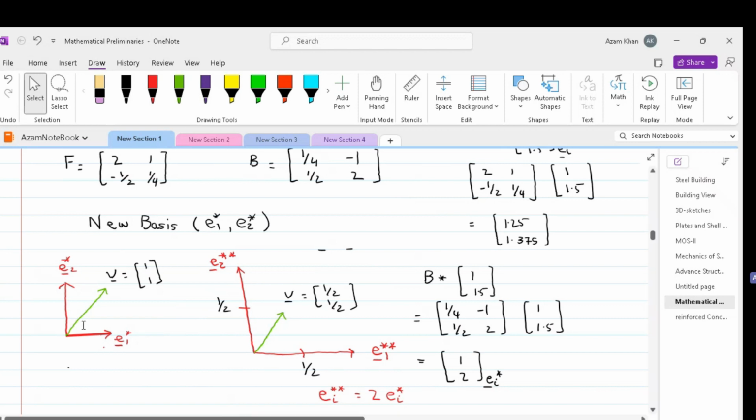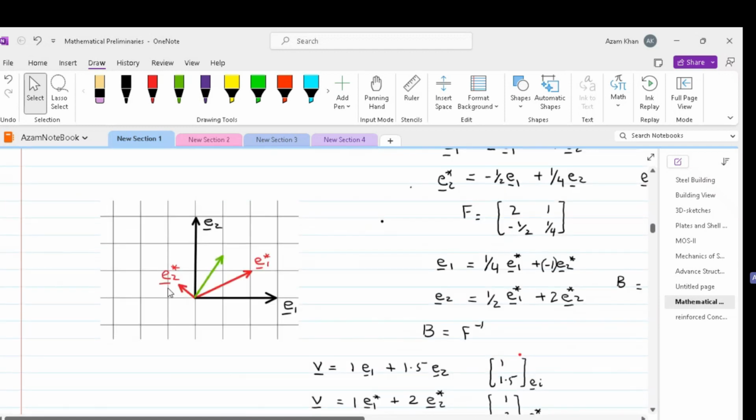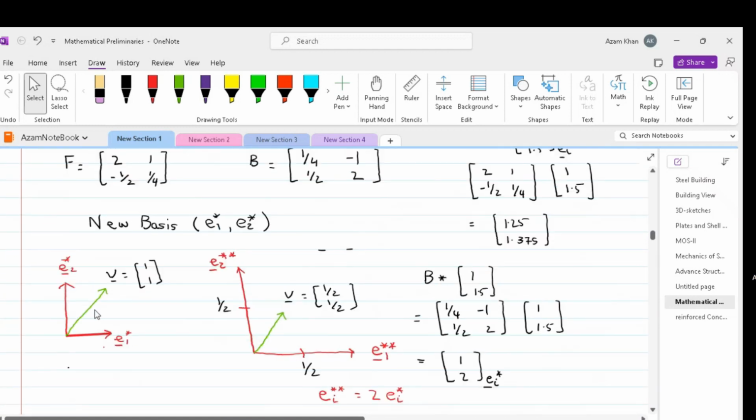Let us see. Imagine we have a vector v which has coordinates 1, 1 in some basis e1 star, e2 star. This e1 star, e2 star is an orthogonal basis. So this is different from what we have over here. Now, if we double the size of our bases, in other words, if we take another basis which is twice the size of the old basis, we see that the vector components are halved.